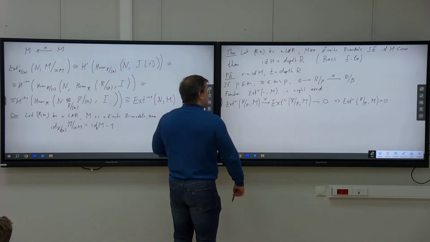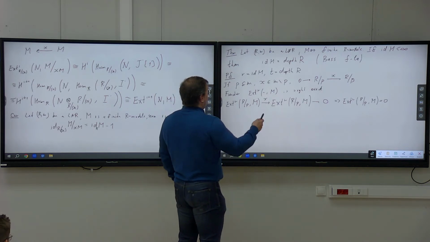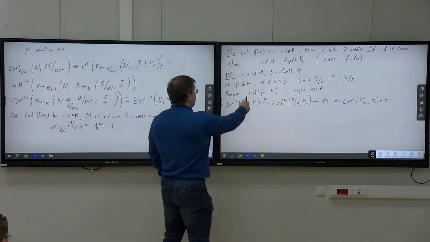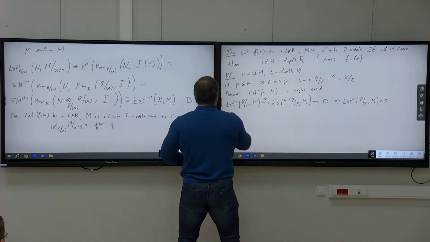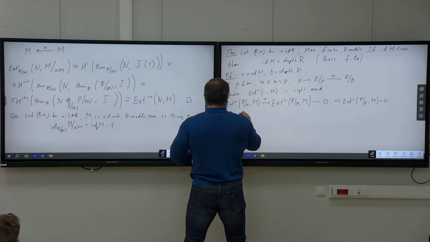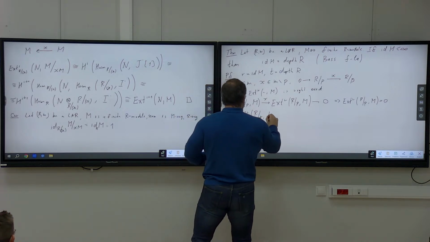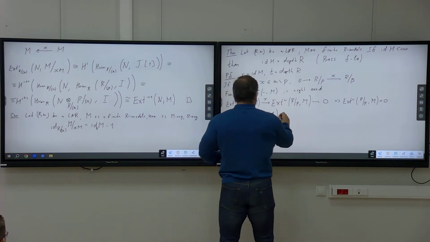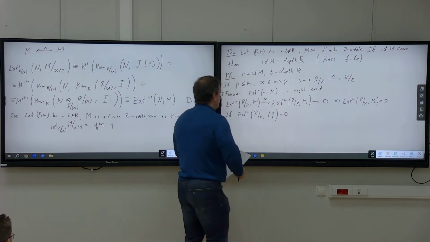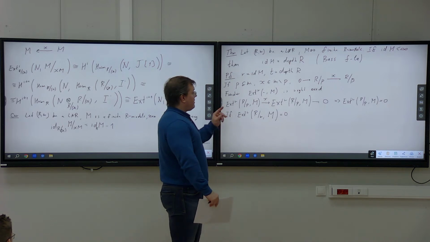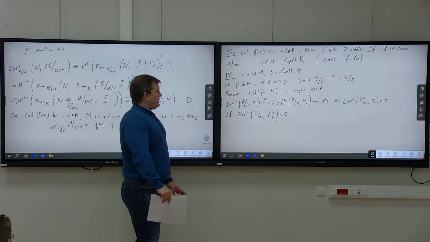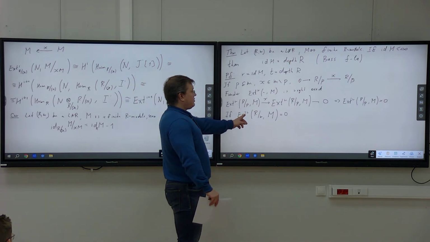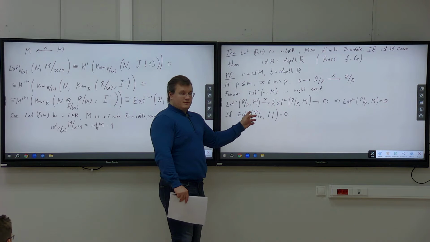Okay, so we have this for any prime ideal, except the maximal ideal. Now, if we additionally assume that Ext^r(R/m, M), with the module large M, is equal to 0, then we have this claim just for any prime ideal in Spec. And it means that this Ext is vanishing for any first argument.